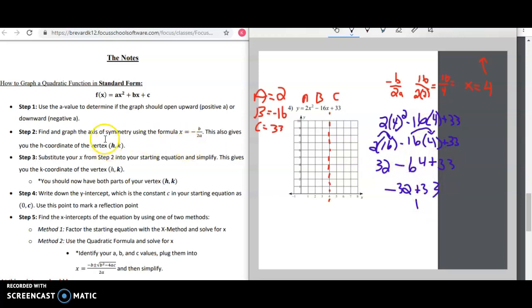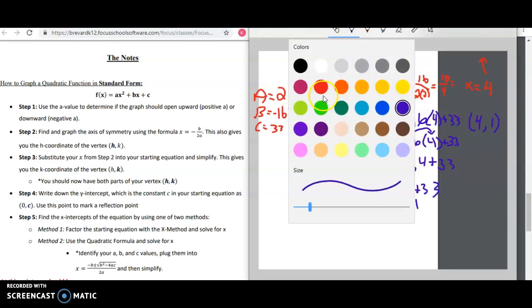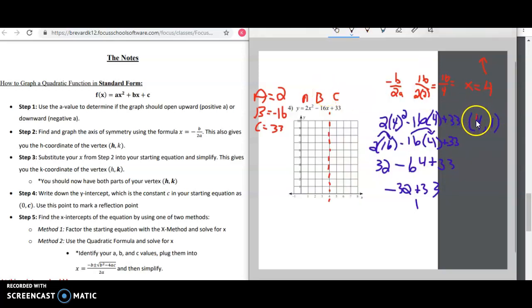So notice, from step 2 I got my H. From step 3 I get my K. That is what makes my vertex. So I have 4, 1. The 4 came from above. I can now graph that point. So I'm going to go over 4, up 1.